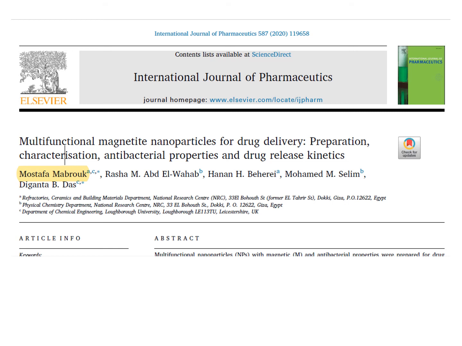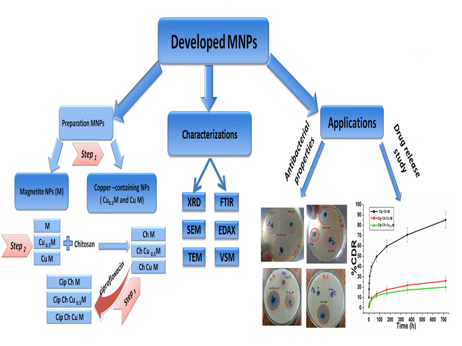This is another example of our nanoparticles, which were prepared from magnetite nanoparticles coated with chitosan, loaded with ciprofloxacin drug for antimicrobial effect and imaging as well. So we prepared these nanoparticles, and then we made copper substitution, full substitution and partial substitution, for ferrous in the magnetite structure.